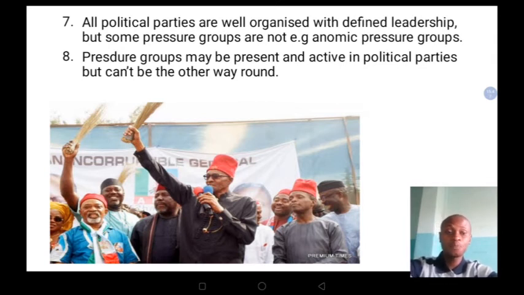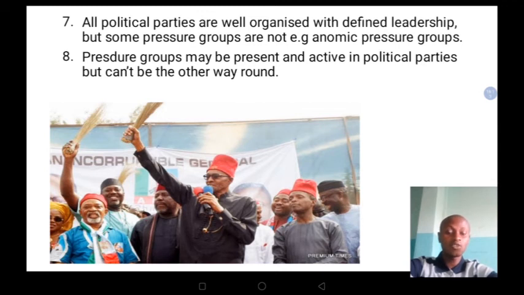Now, pressure groups may be present and active in a political party, but you can't have a political party present and active in a pressure group. Pressure groups are non-partisan anyway.